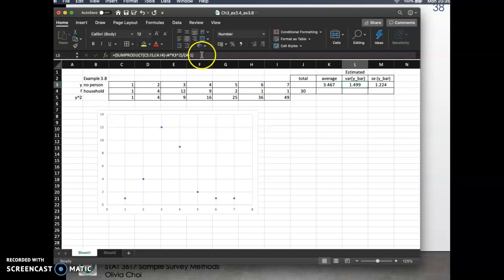For the estimated variance of y bar, we take the square of y and create a new row. Then we take the sum product of these two, minus n y bar squared, then divide by n minus 1. This is the variance, and its square root is the standard error of y bar.